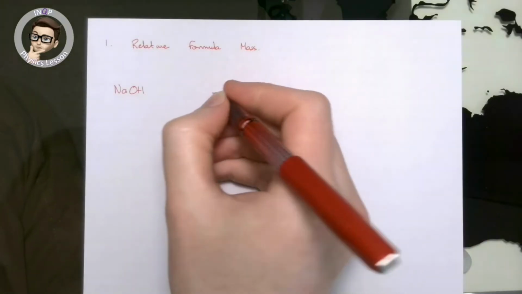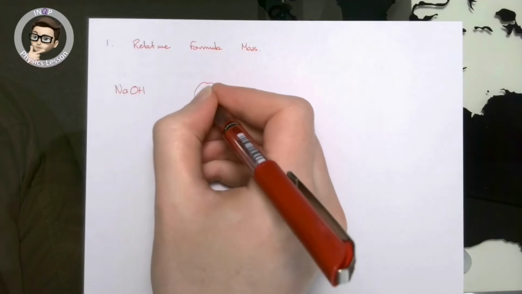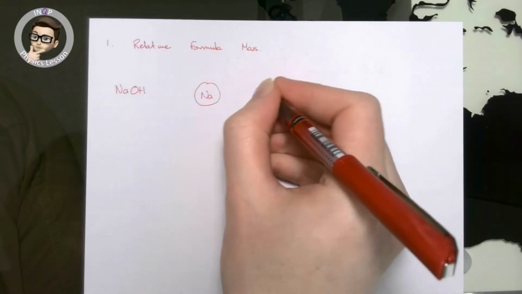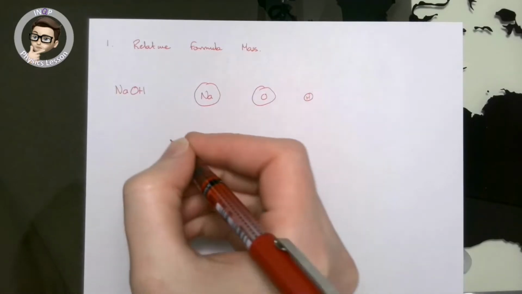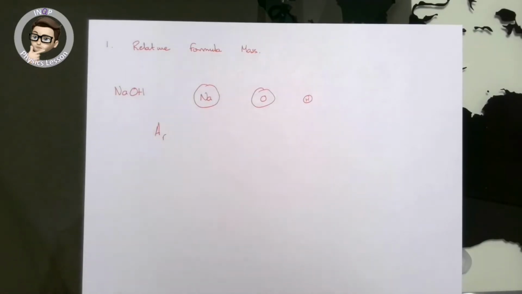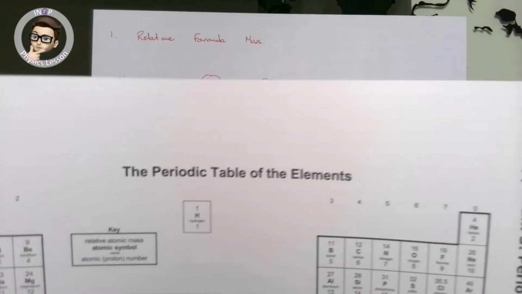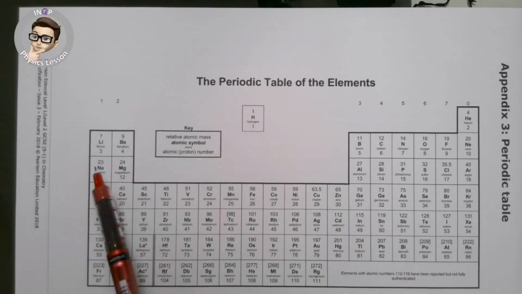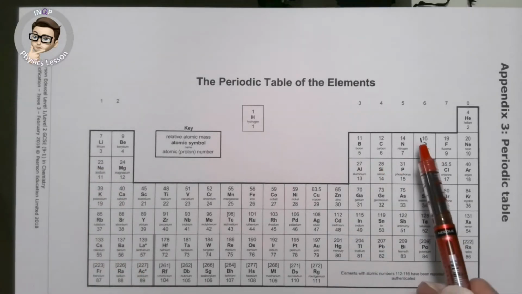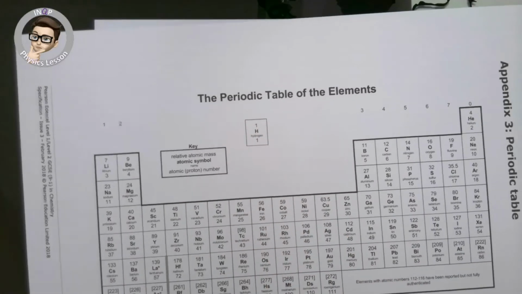So we have to remember that sodium hydroxide, because it's 1 Na, 1 O, 1 H, is literally going to be Na, O, and a little H. And we need to find their relative atomic masses to start off with, A subscript R. Using the periodic table, we'll find that Na has a relative atomic mass, the top number, of 23. The relative atomic mass for oxygen is 16, and for hydrogen is 1.